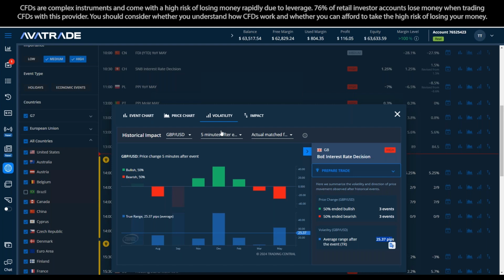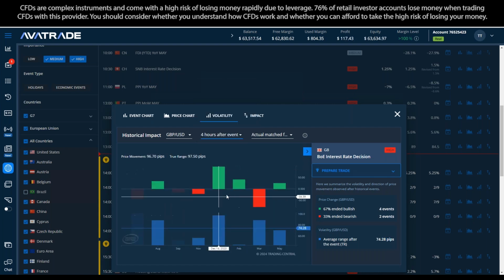And so if in the first 5 minutes you could catch a downward movement or a small upward movement like all of these, then you could see that after 4 hours, the movements 2/3 of the time finished significantly up. Okay, and so this is the sort of thing you can do before the announcement, analyze how has the result of the announcement caused movements in the past, and then have a trading plan in place.